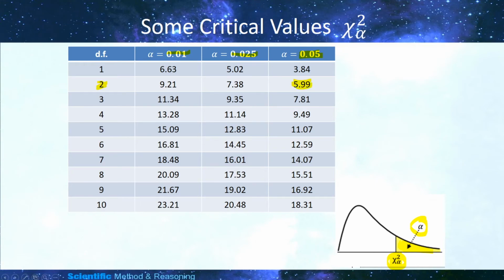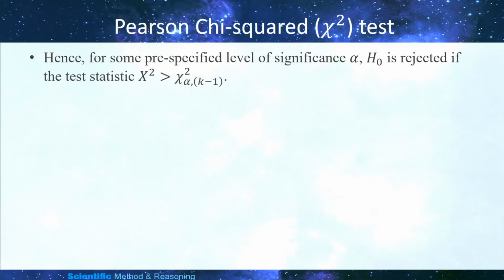That means if a test statistic has a value greater than 5.99, then the null hypothesis will be rejected. Hence, for some pre-specified level of significance alpha, the null hypothesis will be rejected if the computed test statistic is greater than the quantile from the table.